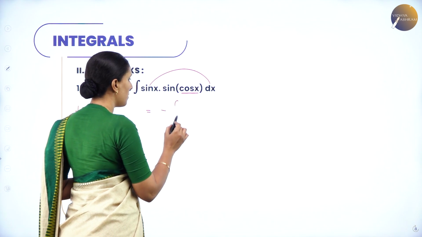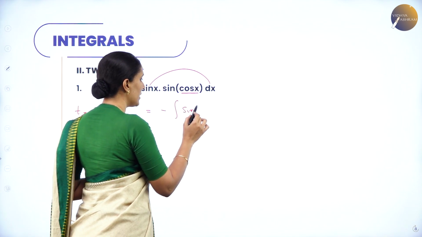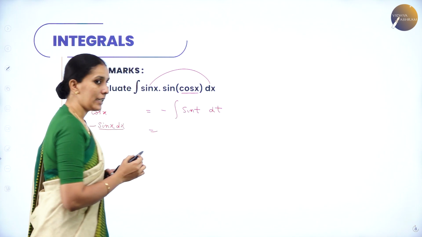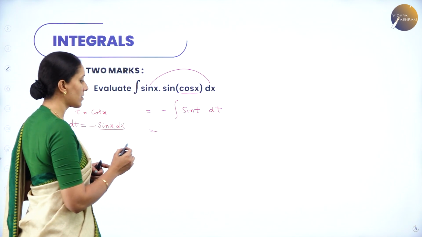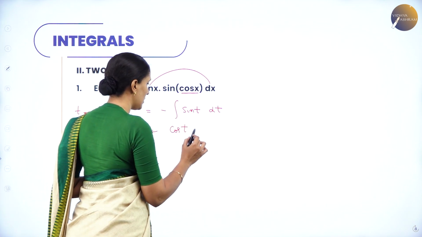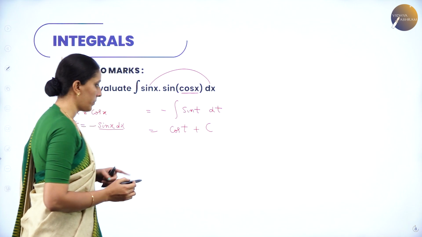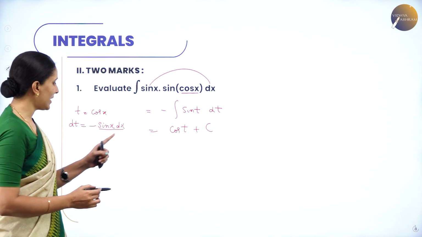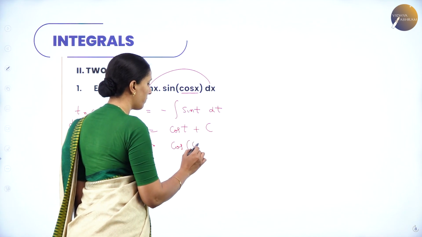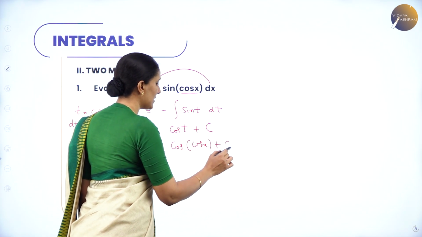So this becomes minus sin t dt. Integration of sin t is minus cos t. So minus of minus cos t becomes plus cos t plus c. Now let us substitute what is t. t is cos x. So the answer is cos of cos x plus c.